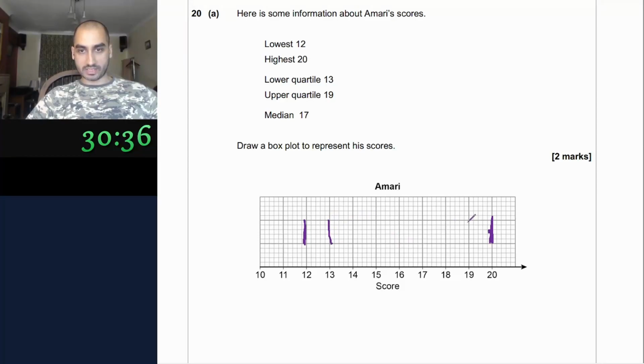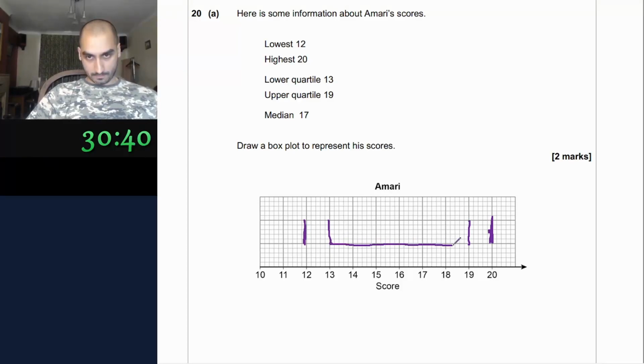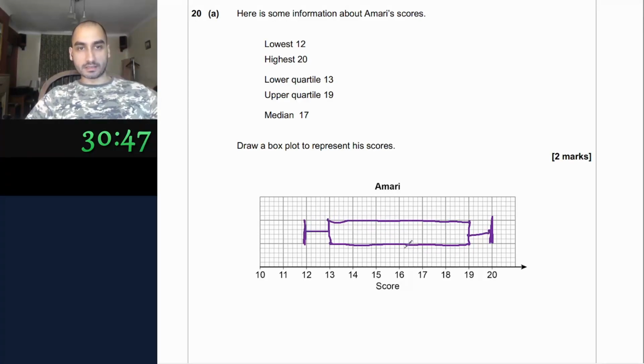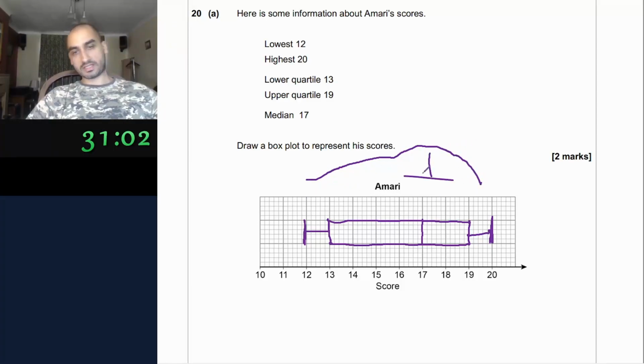Upper quartile, which is 19. And then the median, 17. So it gives you an idea for the skewness. A graph would look more like that. Skew to the right.